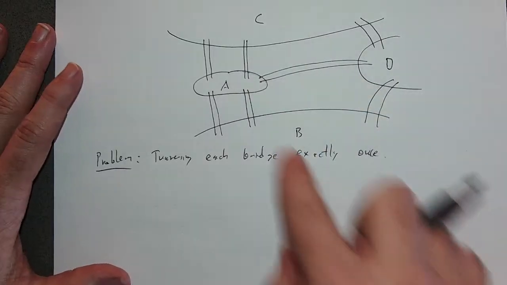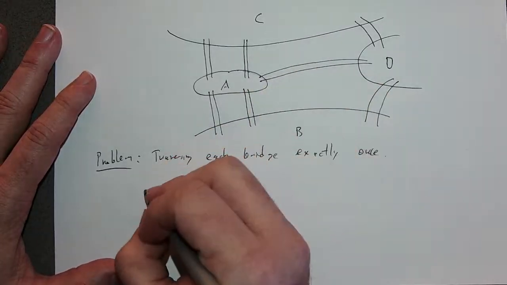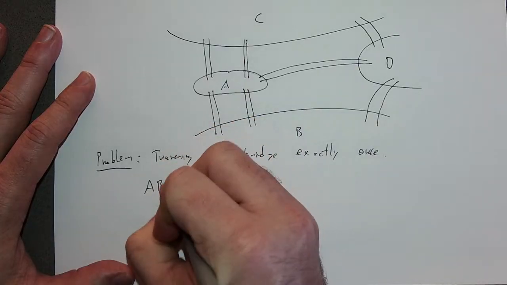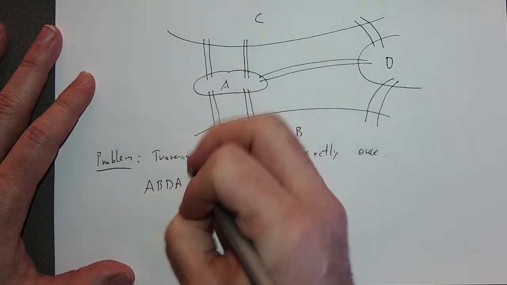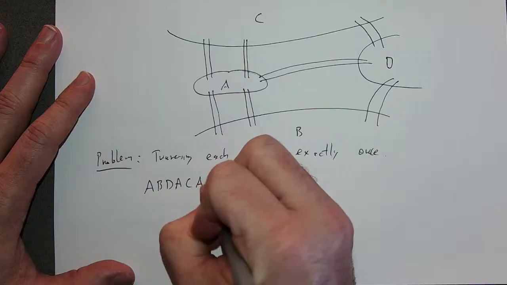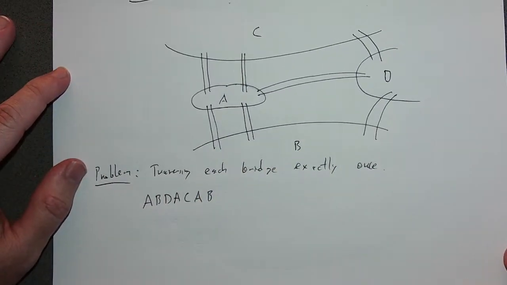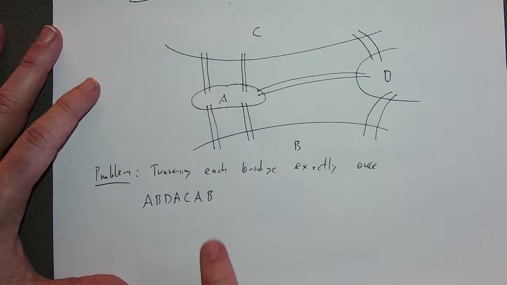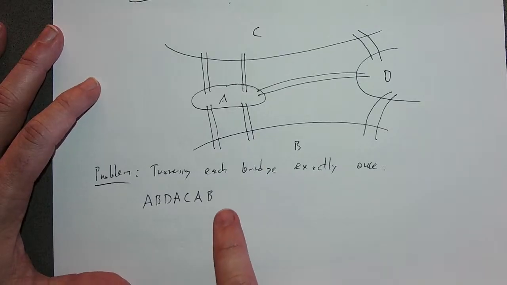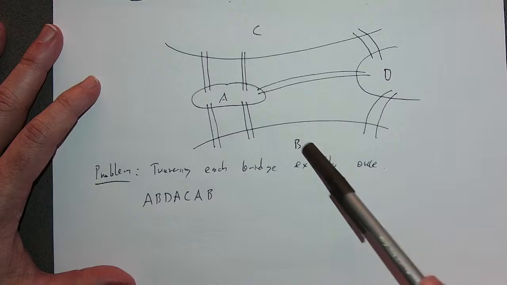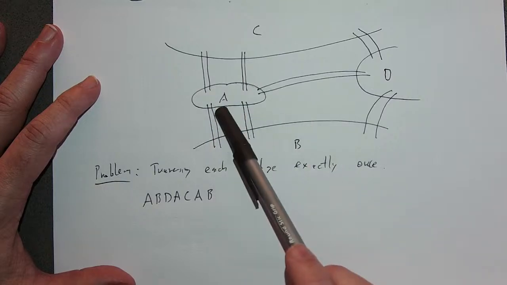And so, for instance, maybe you say A, B, D, A, C, A, B is a route. What would this route mean? So I would start at A, I would cross to B with one of these bridges.